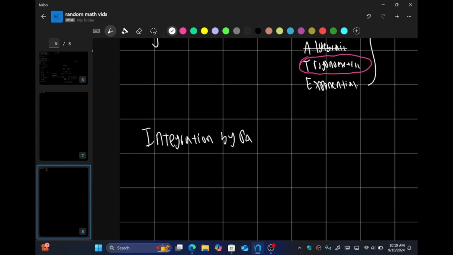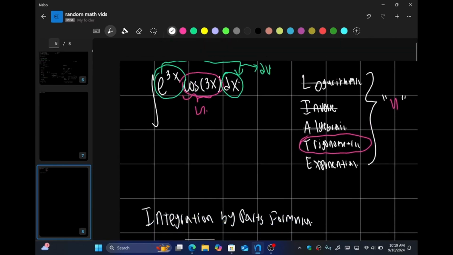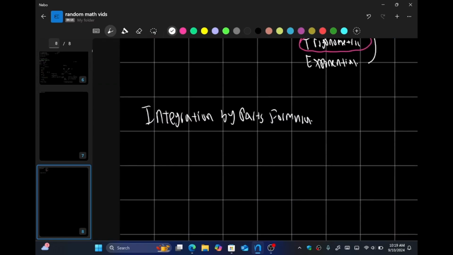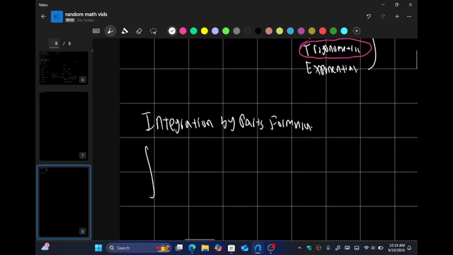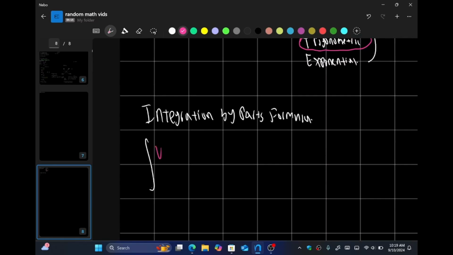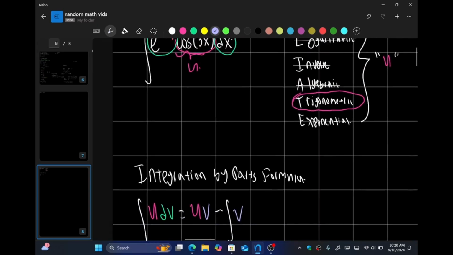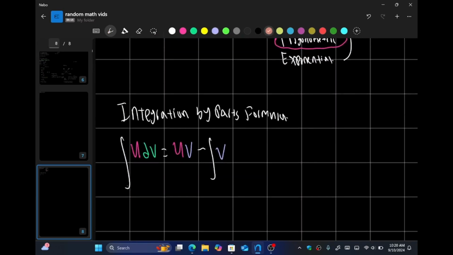The integral of u dv is going to equal uv minus the integral of v du.